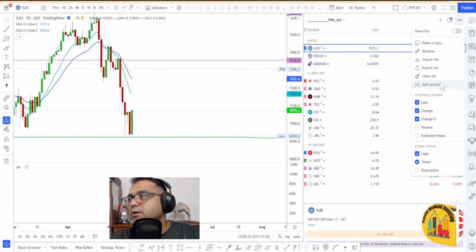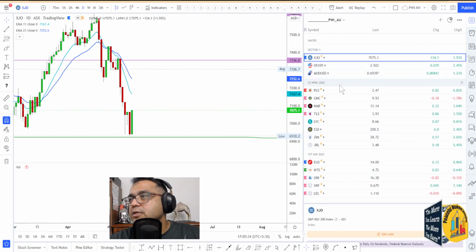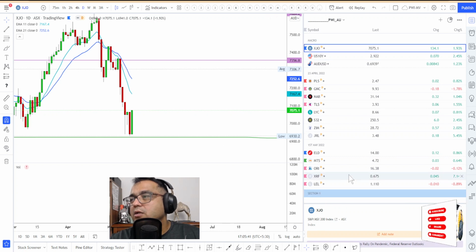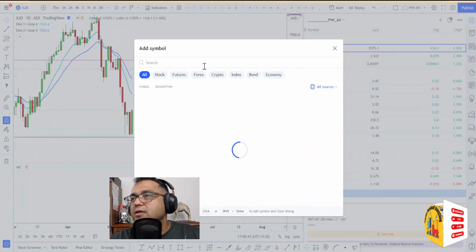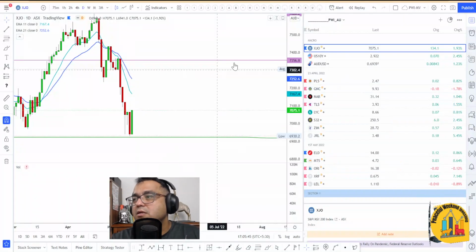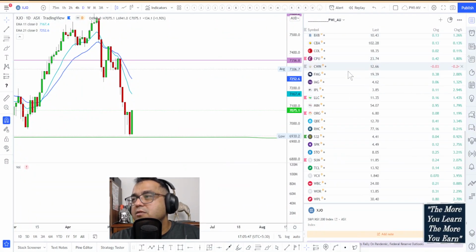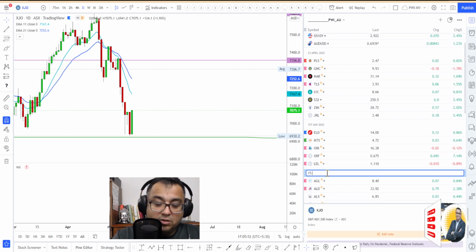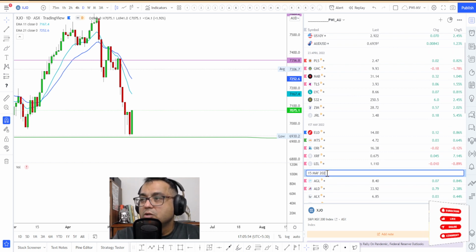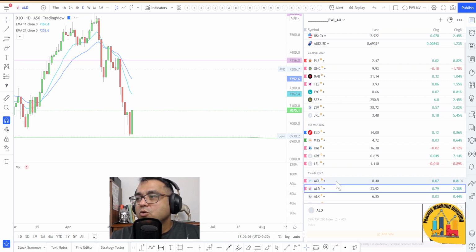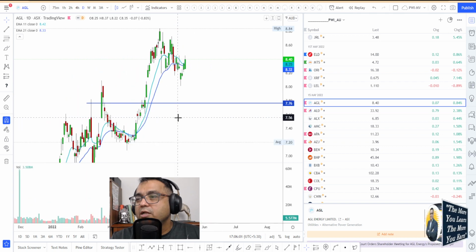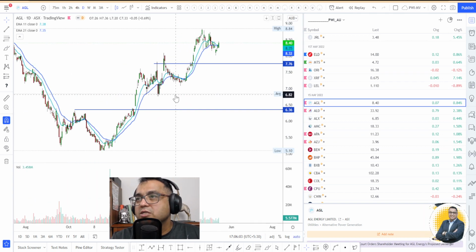I will go in here, add a section, and add this, and I'll type in 15th May 2022. All of these stocks, I think, are really showing good traction and are above their moving average.